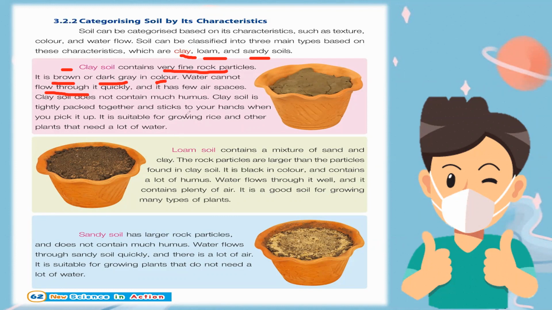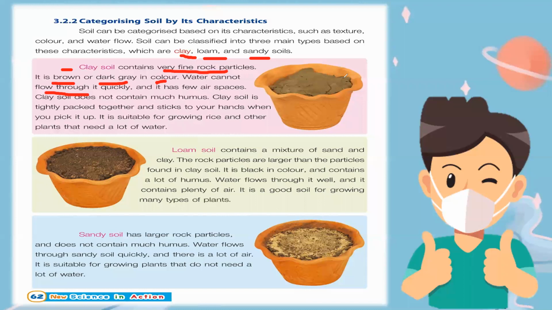So what we learn here, clay soil is made of the very finest rock particles, and the color will be dark brown or dark gray. Water flows through it very little, and the air space is also very little, and it does not contain humus. Clay is also tightly packed.